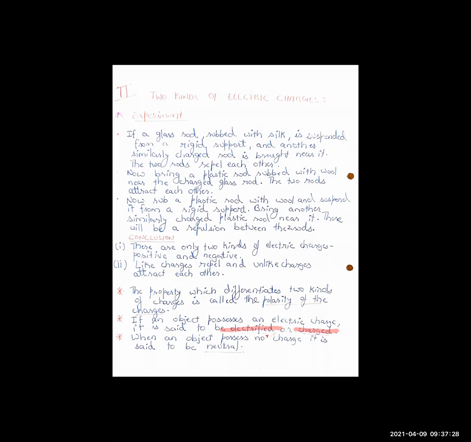But when the object does not possess any net charge, the net charge, the total charge is 0, then the object is said to be neutral. Okay, so electrified and neutral. Electrified when the object possesses electric charge, and when the total charge is 0 on an object, it is said to be uncharged or neutral.